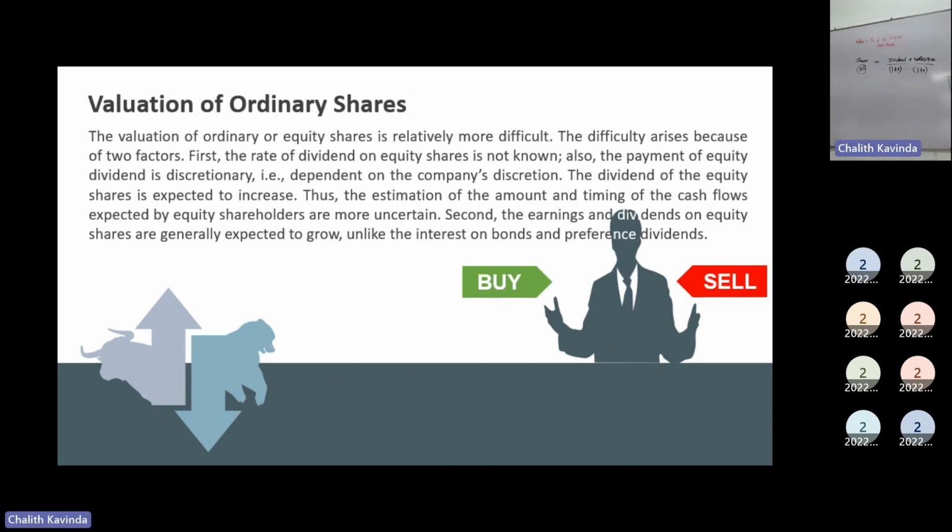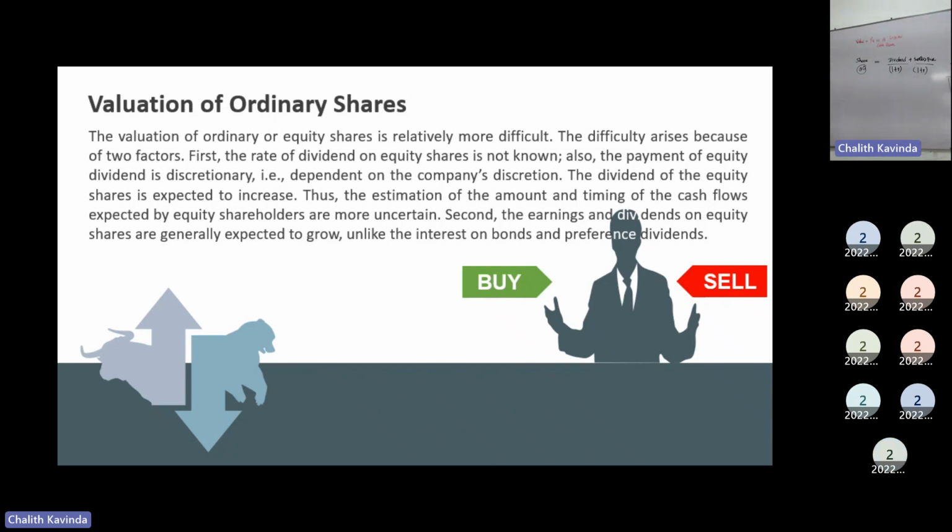First, the rate of dividend in equity shares is not known. Also, the payment of equity dividend is discretionary. What do you mean by discretionary? It entirely depends on the company's willingness. Even though the company makes profit, they may not pay dividends, depending on the company's discretion. The dividend of the equity share is usually expected to increase, but a decrease could also happen, and sometimes the company holds dividends. Such things could happen.